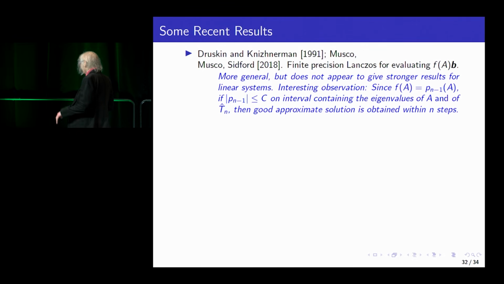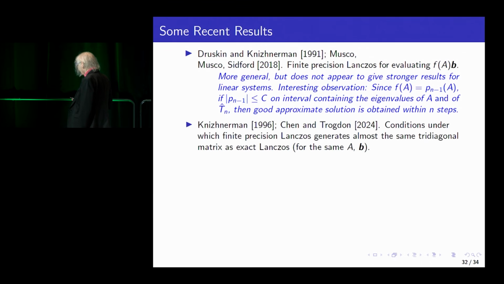It doesn't seem to give stronger results for linear systems, but it's a more general result. Knizhnerman in 1996, and then very recently, Chen and Trogdon, considered conditions under which finite precision Lanczos actually does generate almost the same tridiagonal matrix as exact Lanczos for the same A and b.